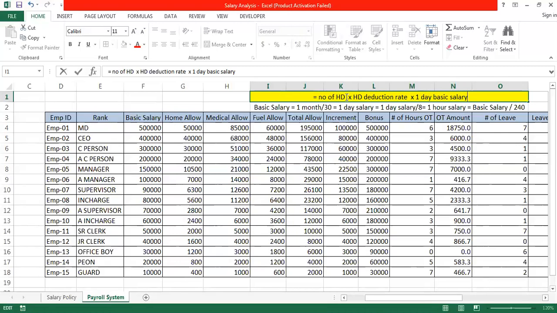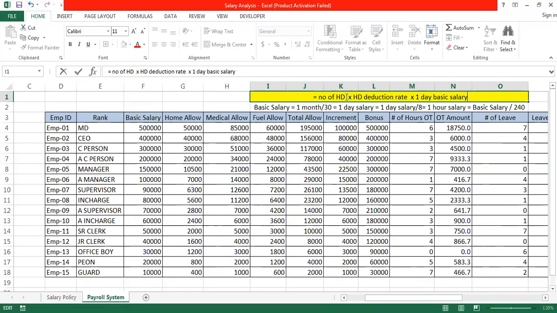So one half day is acceptable. 2 half days will give 1 day basic salary deduction. Then 3 half days will give the same 1 day deduction. On the fourth half day, 2 day salary deduction. Then 5 half days will give again 2 day salary deduction. On the sixth half day, 3 day salary deduction.